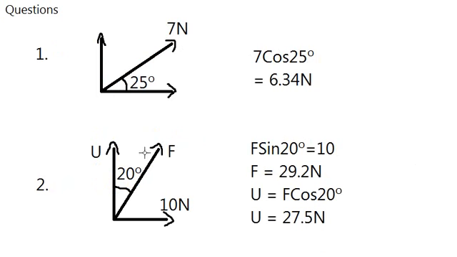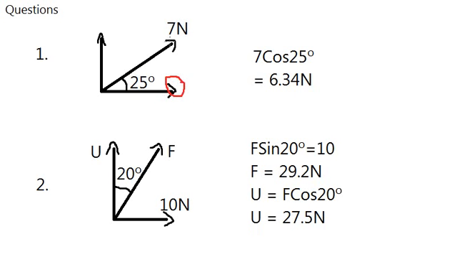I have two force diagrams drawn, one for each question, and they are basically what the question asked. For this one, you have an inclined force at 25 degrees with 7 newton magnitude, and you want to find the horizontal force, which is this force.